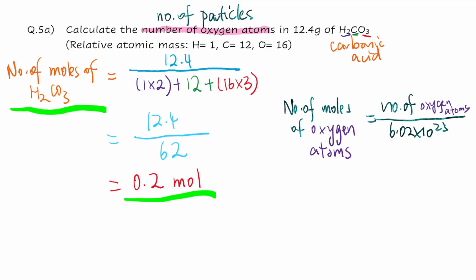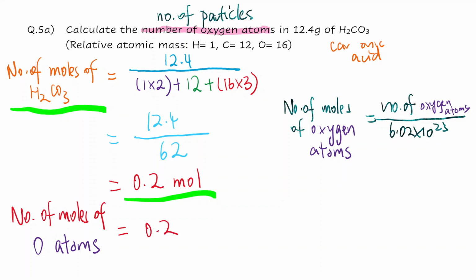So here, now we need to first actually find the number of moles of oxygen atoms first. And how do we do that? Remember in the first video, that is where I introduced how you can find the number of oxygen atoms. You take the number of moles of the whole molecule, which here is 0.2, and you times it by whatever the number of atoms there are.